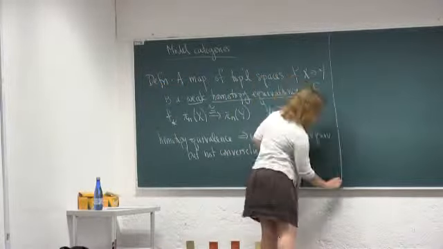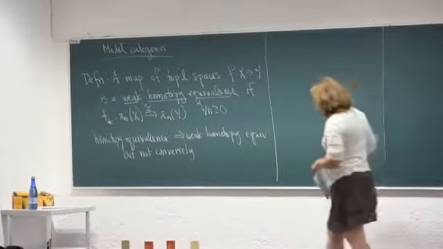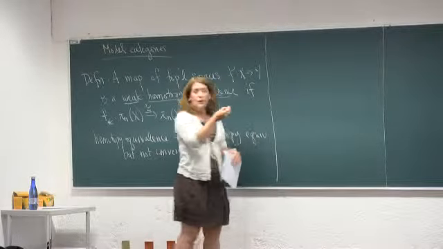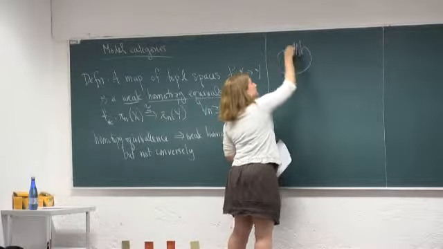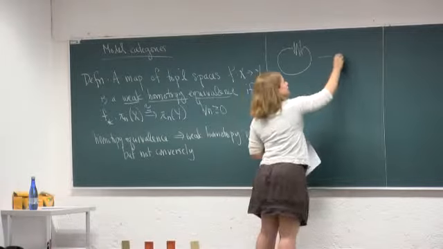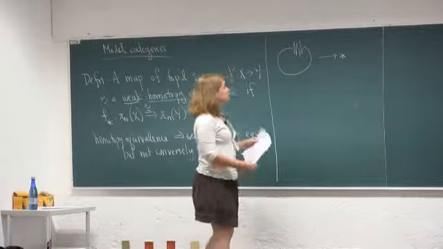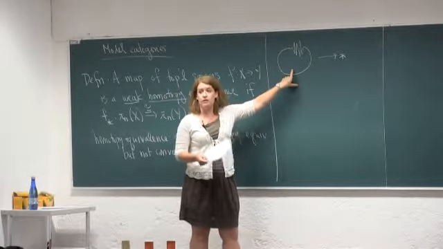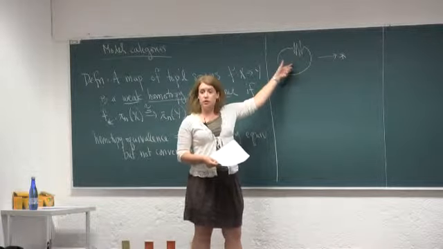Just a quick example, in case you haven't seen this before. Take this crazy space called the Warsaw circle, where you have a circle and then a sine of 1 over x type curve coming in, and you map this to a point. This is definitely not a homotopy equivalence because the space is not contractible. But it also has no interesting homotopy groups.